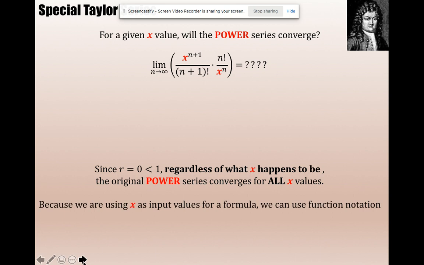So since we are using x as input values, I'm going to use function notation. And I'm going to say f of x is equal to that infinite series.